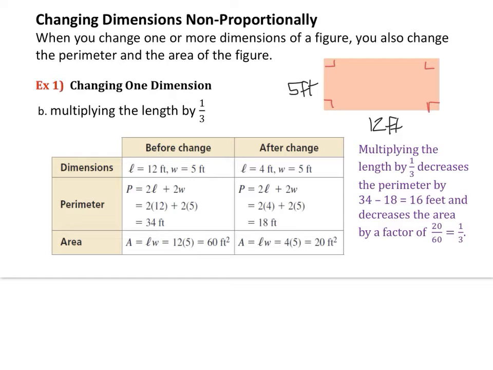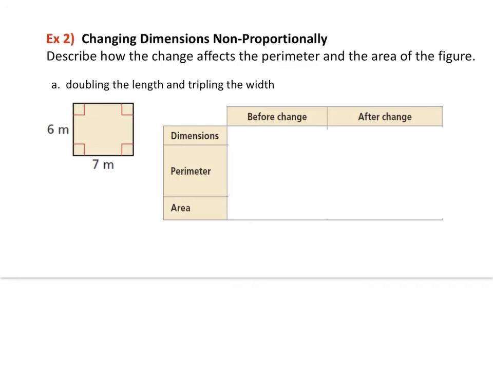So in both of these examples, we can see that the scale factor for area was the same as the scale factor for changing a single dimension. So now let's take a look at changing 2 dimensions in different ways, which is what makes it non-proportionally changing dimensions.